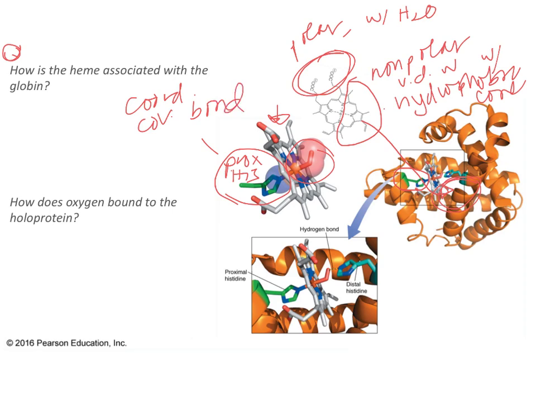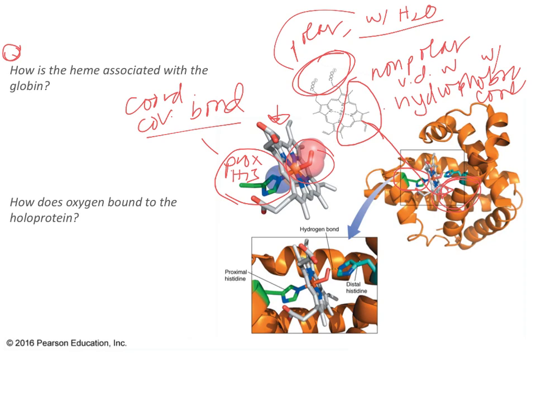That is how the heme is associated with the protein. So you need all three pieces: the coordinate covalent bond with the proximal histidine, favorable interactions with water because this polar part is sticking out, and favorable interactions with the hydrophobic core. That's how the prosthetic group sticks inside of the globin subunit.